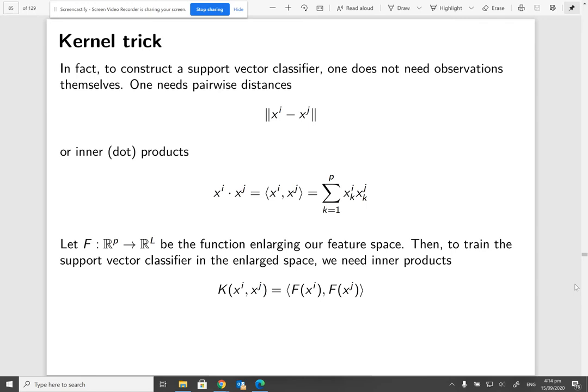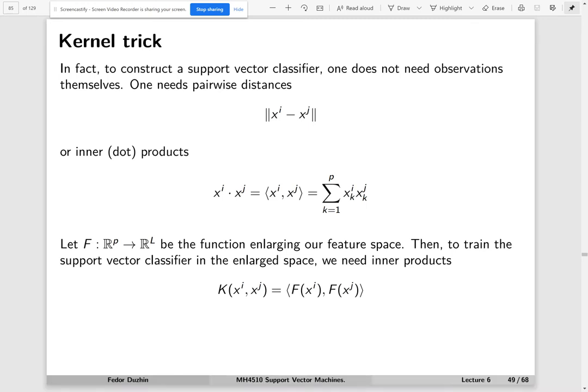But the trick here is that we do not actually need to know the enlarged feature space itself. It is enough just to know how to calculate the dot product in the enlarged space if we know the vectors in the original space, right?